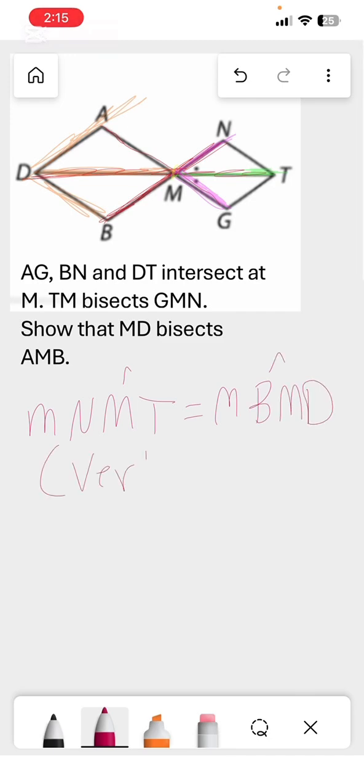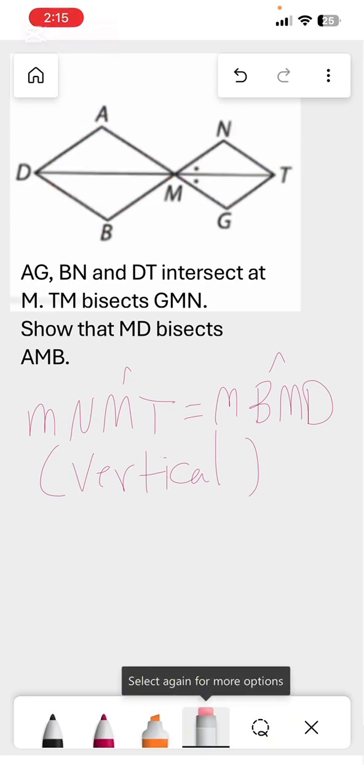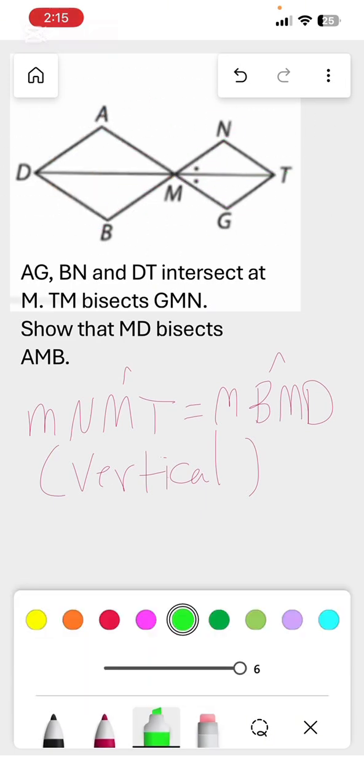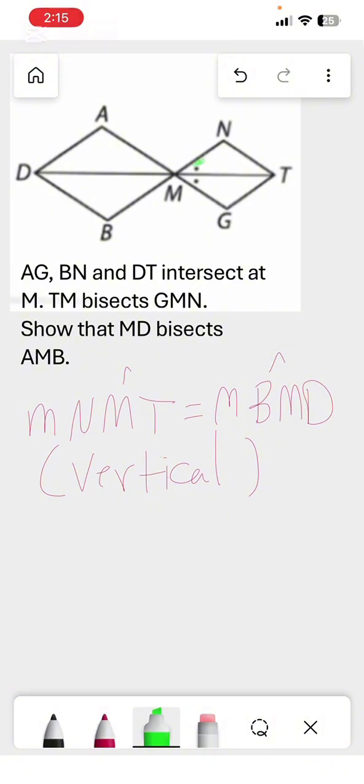Why? Because they are vertical angles. If you look at the figure, NMT is given in the question, and BMD, this angle and this angle, let me show you more clearly. Since they are vertical angles, they are equal.